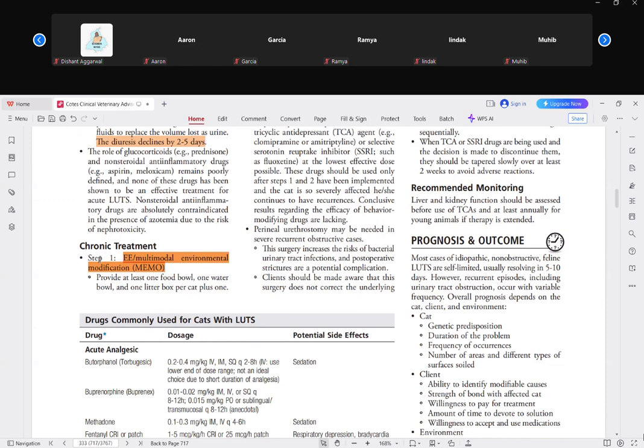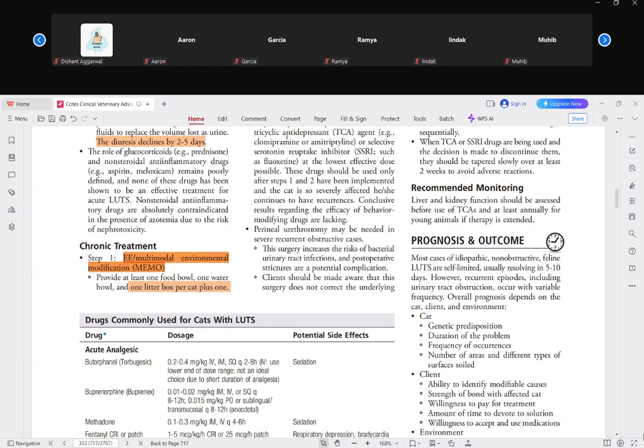Okay. So just remember, provide at least one extra litter box to the animals. Like, 1 litter box per cat plus one. Okay, if I say 6 cats, you need to give 7 litter boxes.